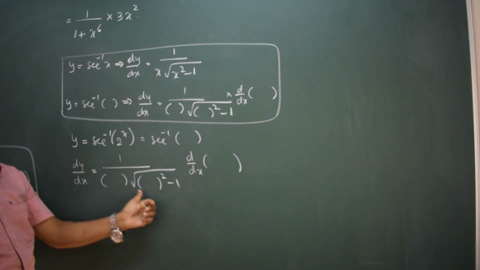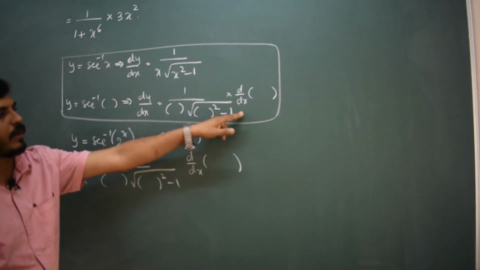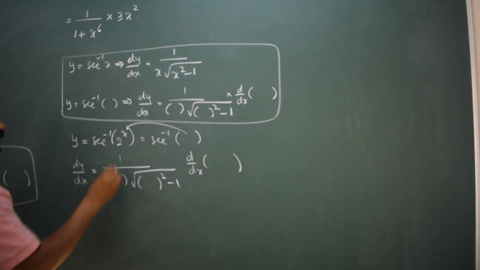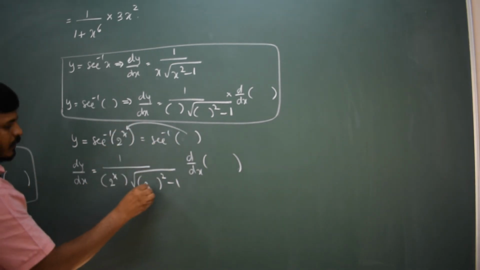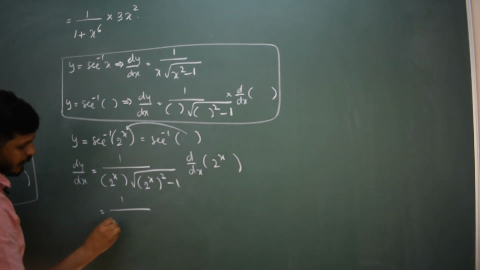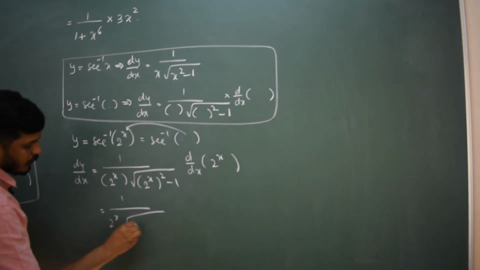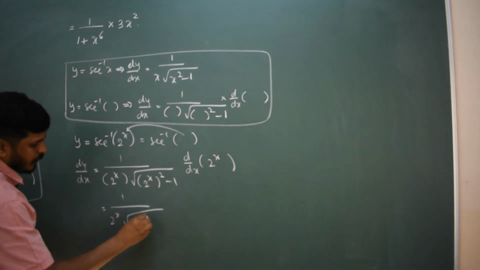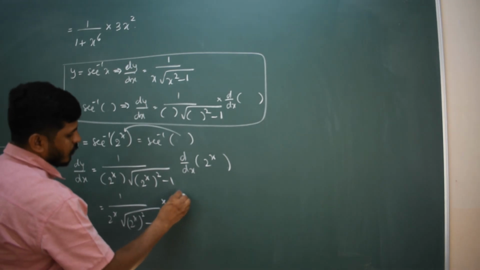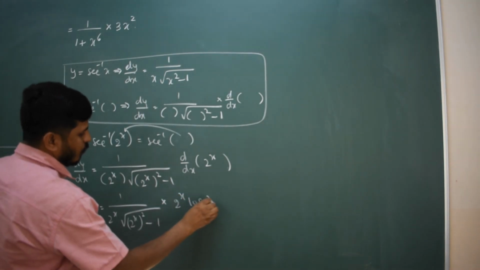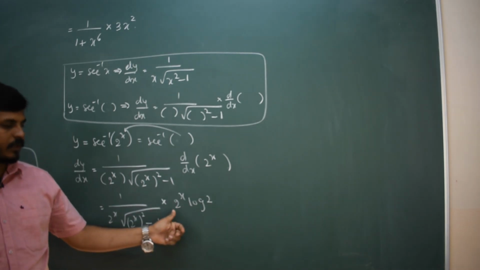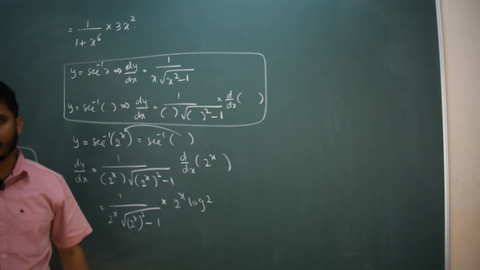In the place of something, what do I have? 2 raised to x. Just fill something with 2 raised to x. That's equal to 1 by 2 raised to x into root of 2 raised to x the square minus 1, into differentiation of 2 raised to x, which is 2 raised to x into log 2. Differentiation of a raised to x is a raised to x into log a.